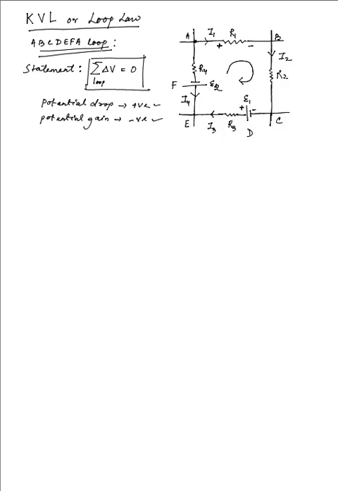This is our sign convention for now. However, as discussed earlier in the case of KCL, the sign conventions can be interchanged. We can take the potential drop as negative while the potential gain as positive.